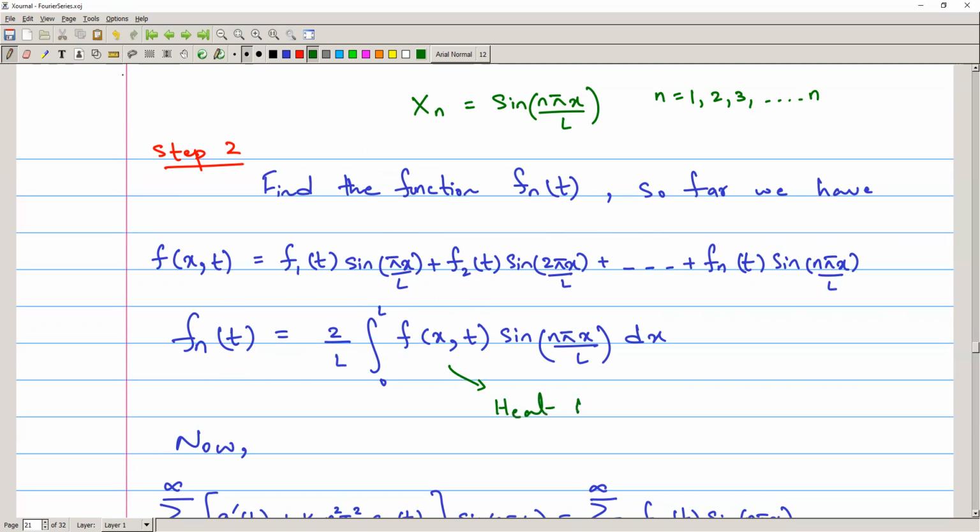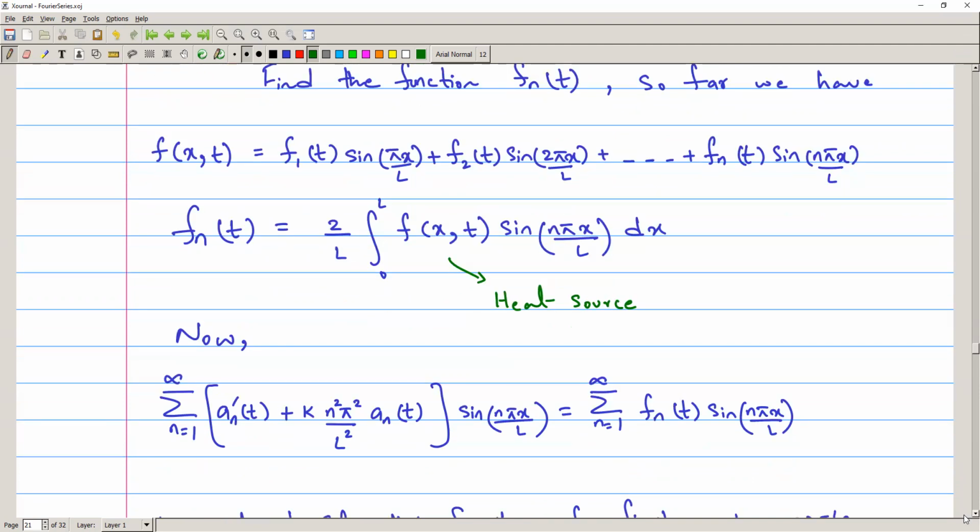So whatever the heat source is given, we are going to integrate the source with sine n pi x over L, with limits from 0 to L, right? So this is the idea of Fourier series.